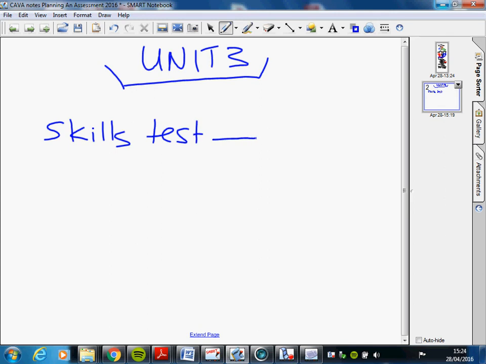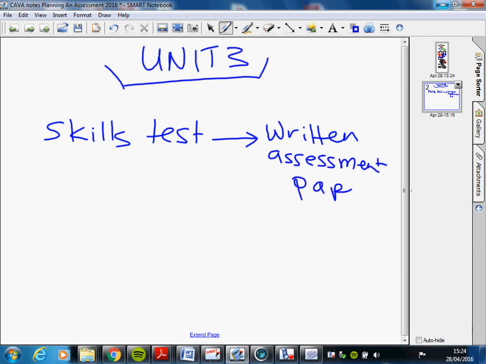How are you going to do this? Maybe it could be written assessment. Maybe a paper which they answer. Written could be a written assessment.